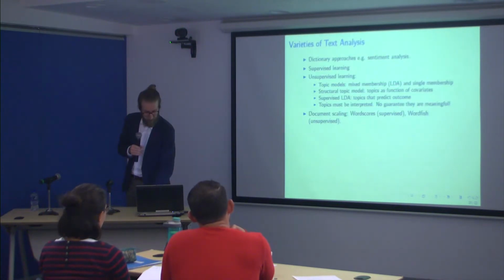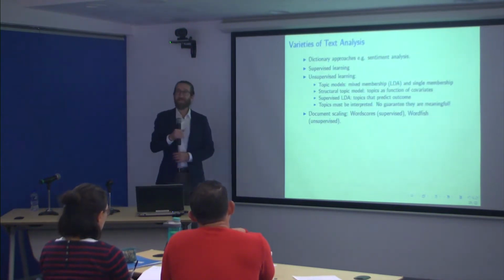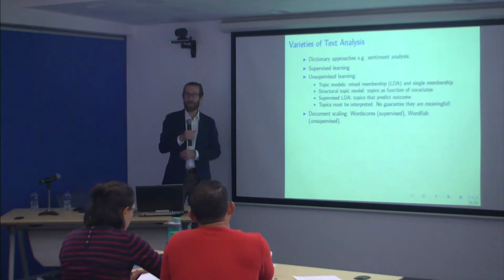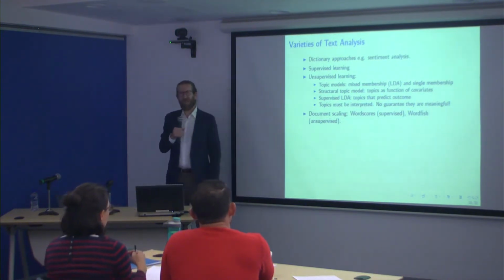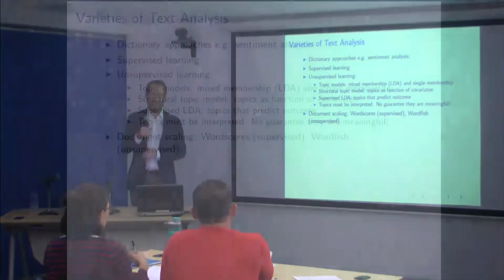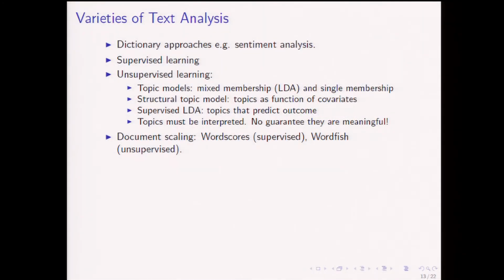Okay. Other entirely different types of text methods than a topic model. Document scaling. Are any of you familiar with ideal point estimation that's used to estimate the ideology of politicians? Let's say I give my example from the United States Congress. People want to measure the ideology of congresspeople, to place them on a scale from left to right.